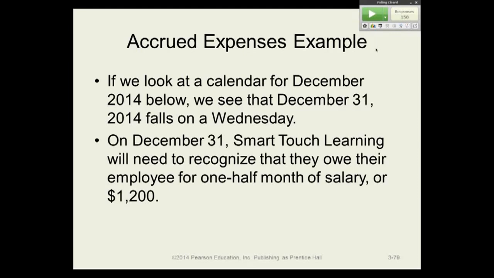So it's an expense incurred under the accrual basis. It's not paid. So again, for those of you that are still confused about cash accounting, I don't care if you didn't pay it. It's still an expense, and it has not been recorded.